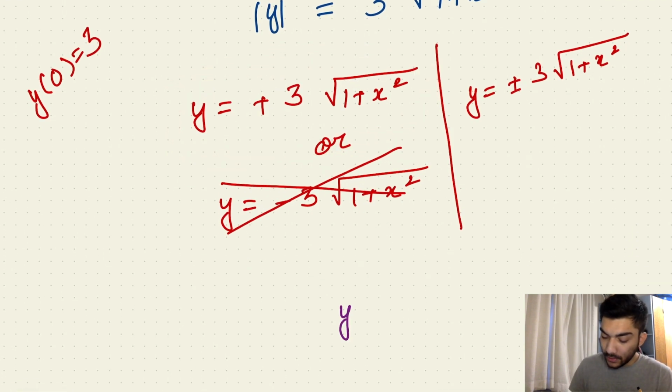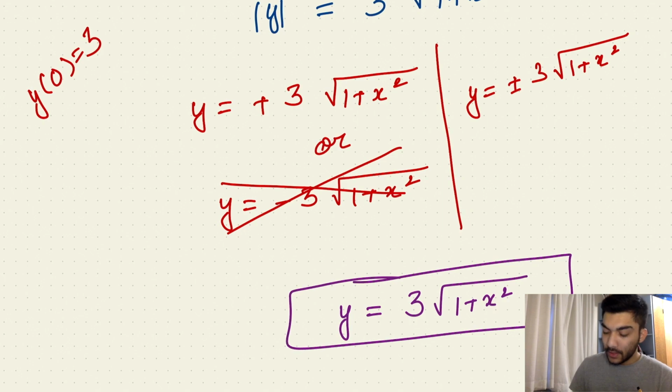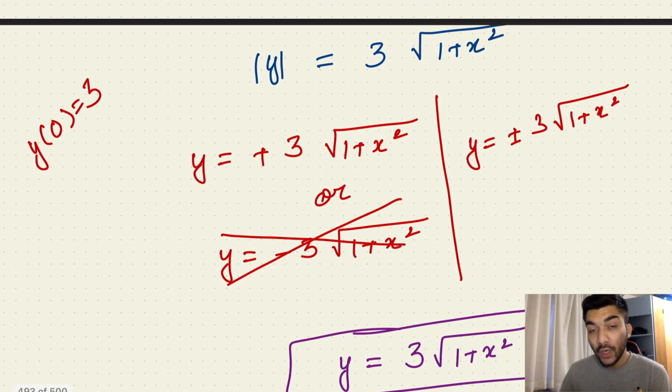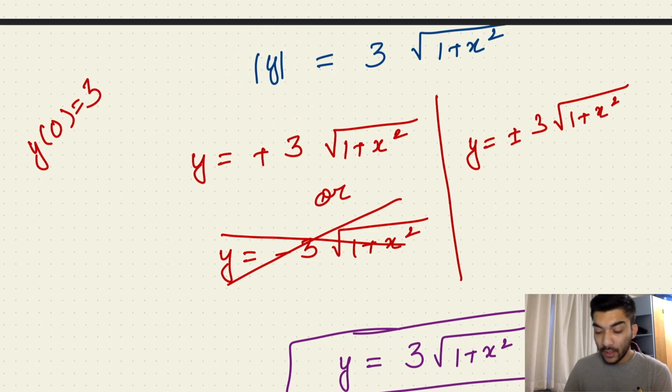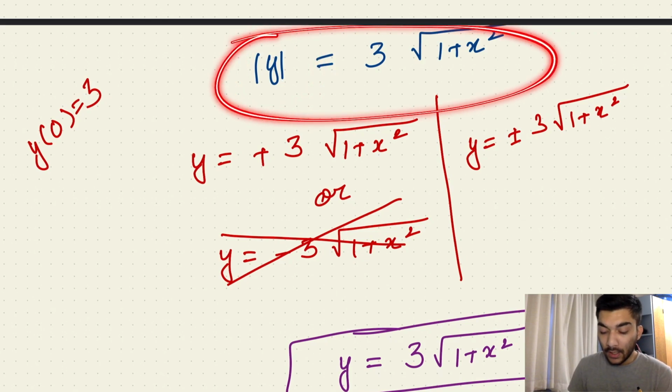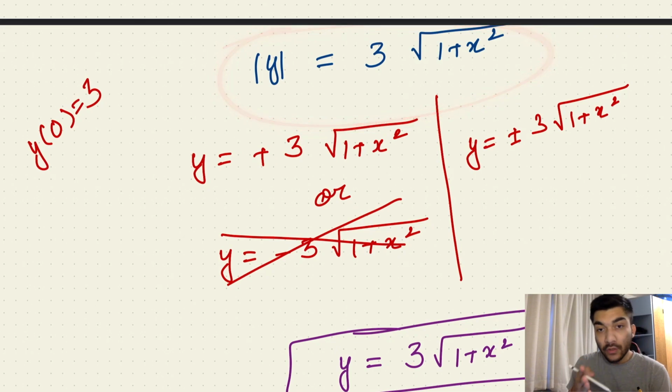So your final answer to the solution of the differential equation in this question will be this expression over here. So that was a very important point that you should consider whenever you're dealing with these absolute values, because whenever at last you have such expressions, when you have absolute value equals a function expression, you always take the plus minus sign, right?